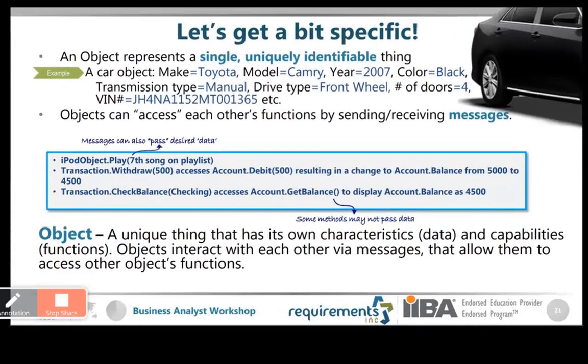Now let's generalize it more. Let's remove the VIN number. Then your description, Toyota Camry 2007 black manual front wheel drive 4-door, is probably not one car. You're probably describing several thousand cars, possibly.